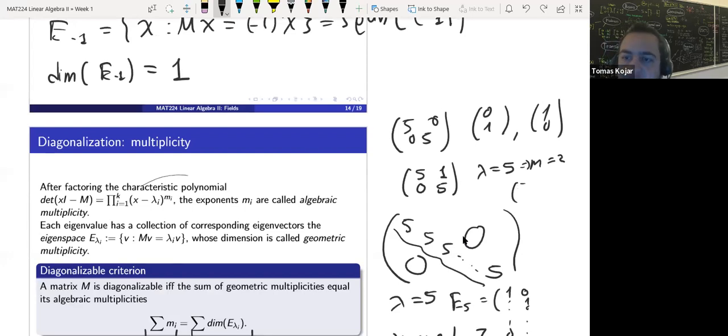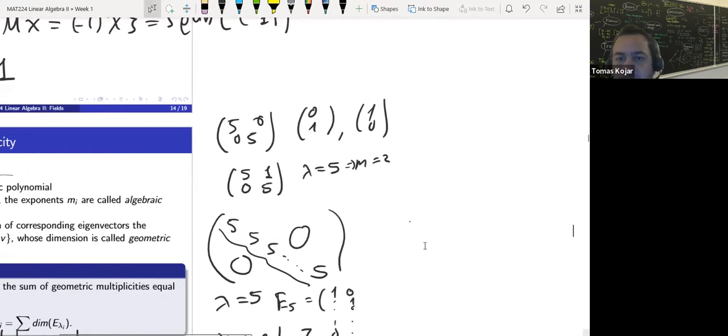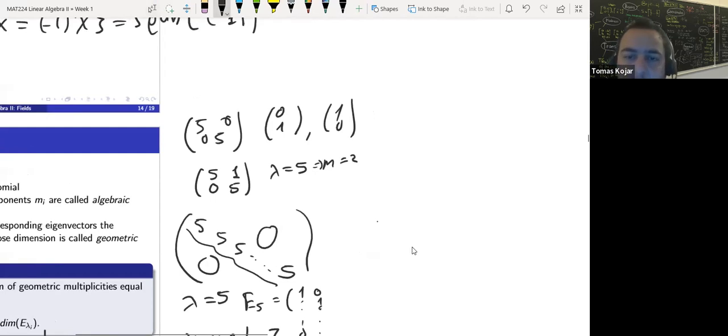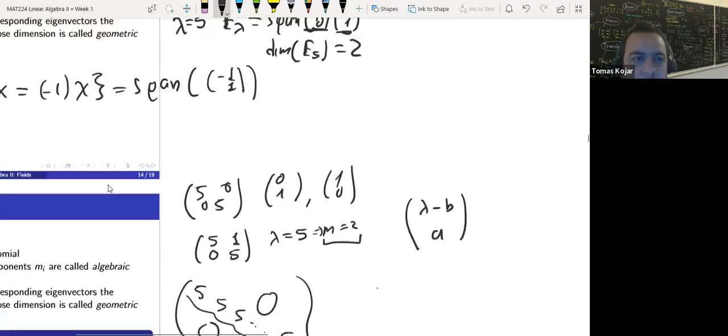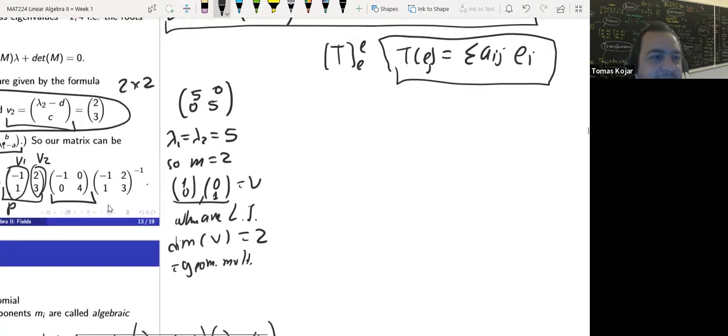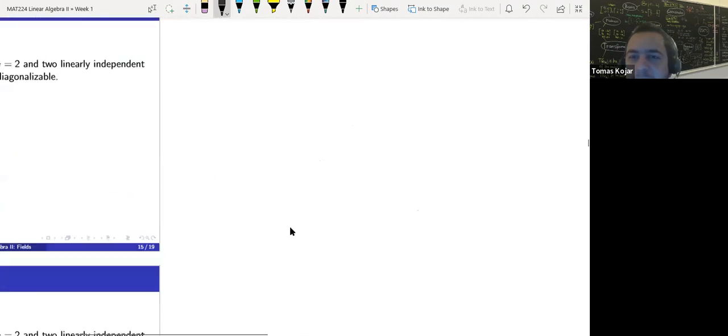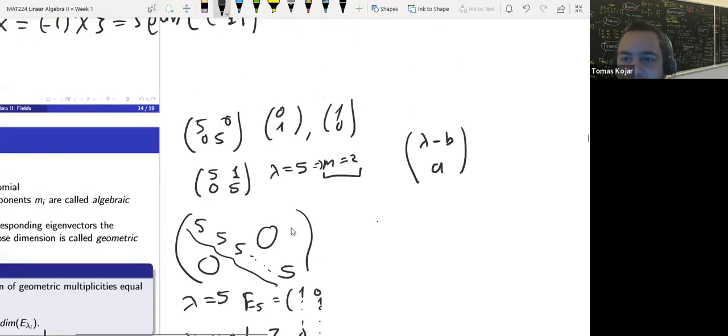Let me write it on the side because that's a good question. The question was, can you give me an example where you have algebraic multiplicity not equal to geometric multiplicity? And here you compute the eigenvector. So you have lambda minus A, B. Did I make a mistake again? Lambda minus A. It's too early in the morning.